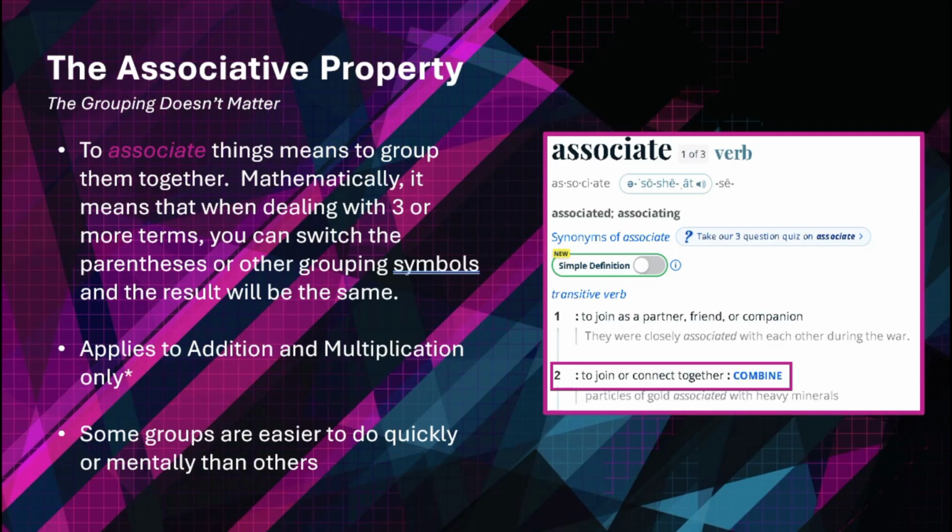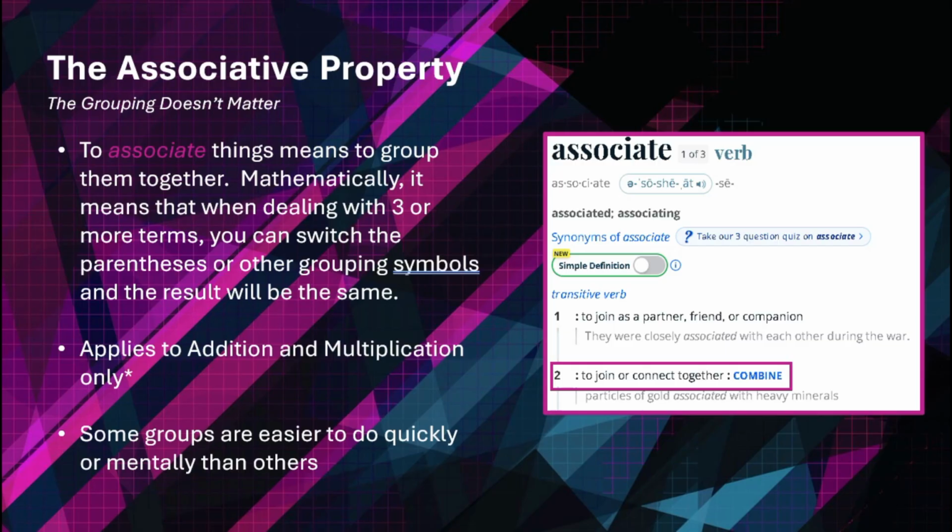And the reason why you might employ this is that sometimes a grouping is easier to do quickly in your head than others. For example, you might be really good at multiplying things by 10, but not so good at multiplying things by 7. So if you have the problem 6 times 7 times 10, where 6 times 7 is in parentheses, maybe your 7s are not your strong multiplication table, and that's totally okay.